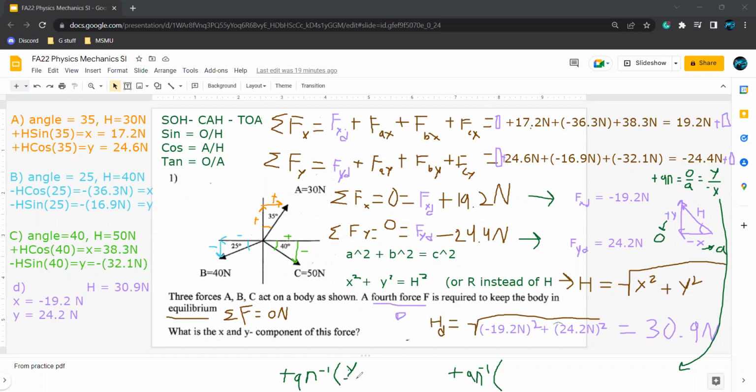This is y over x. Turns into tangent to the -1 of, oh, I have them over there. 24.2 over -19.